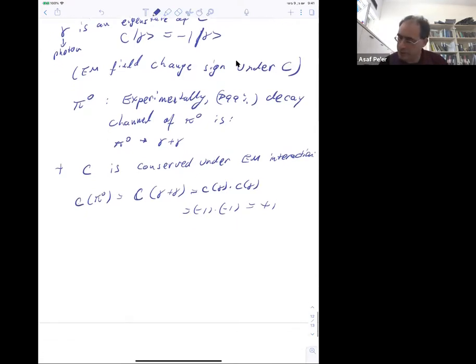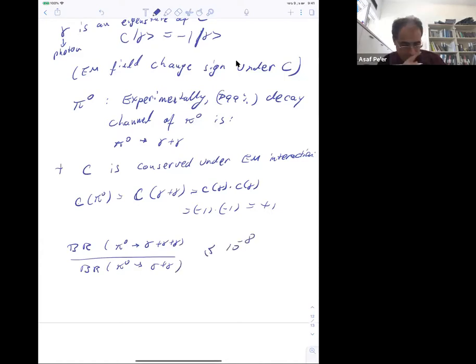If we look at the branching ratio, BR, of pion 0 decaying into gamma plus gamma plus gamma divided by the branching ratio of pi 0 into gamma plus gamma, then I know that it is smaller experimentally than 10 to the -8. So it never happens. Now you can see why: because charge conjugation would not be conserved, since the charge conjugation of 3 gammas is -1, and of the pion 0 it's +1.